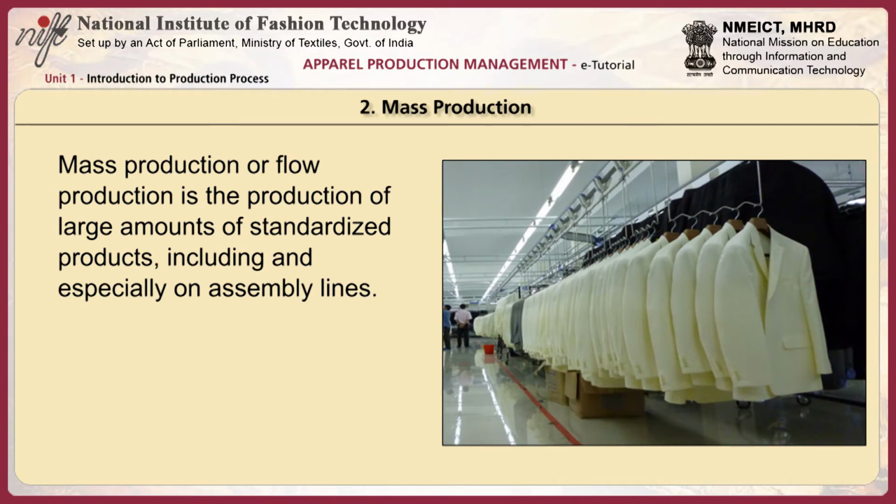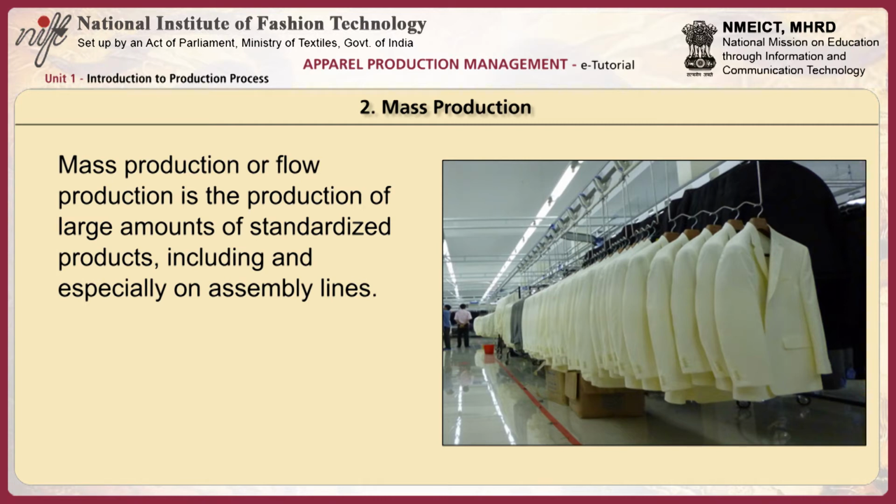Now, let us look into mass production system. Mass production, or as the name goes, flow production, is the production of large amounts of standardized products, including and especially on assembly lines.